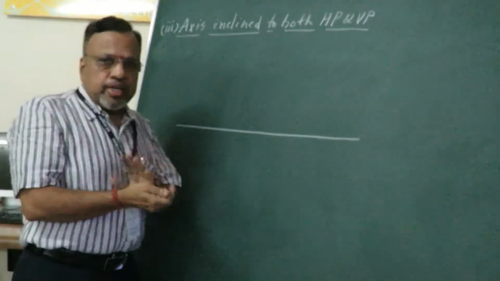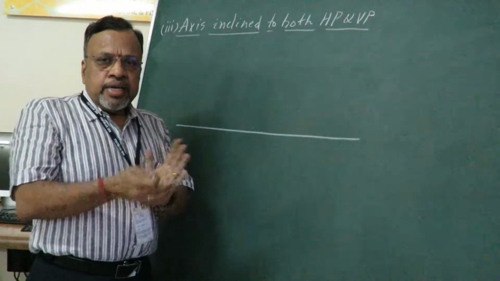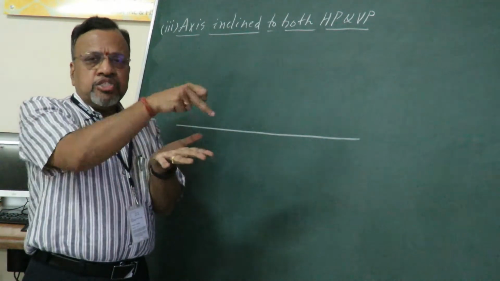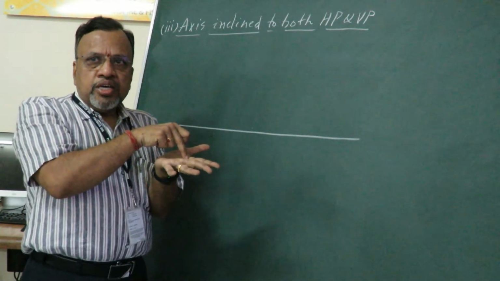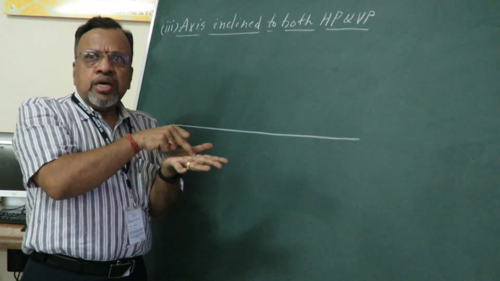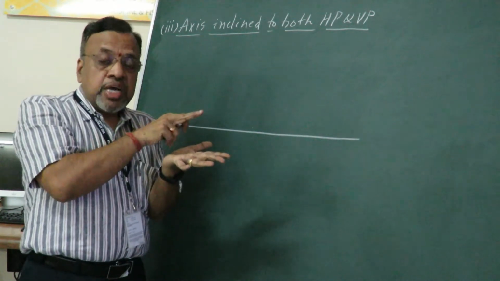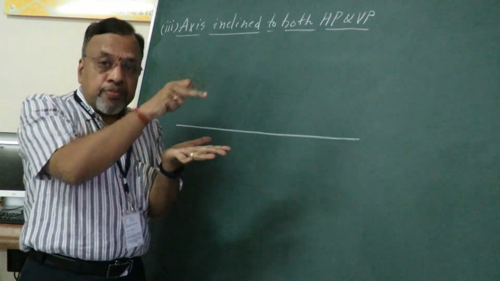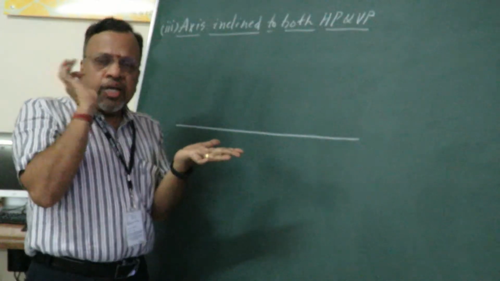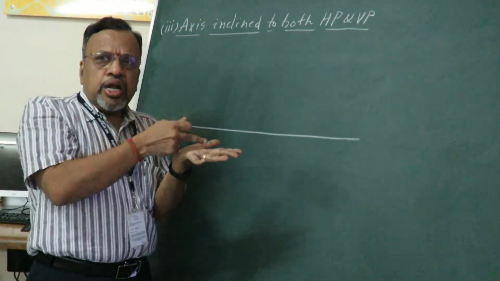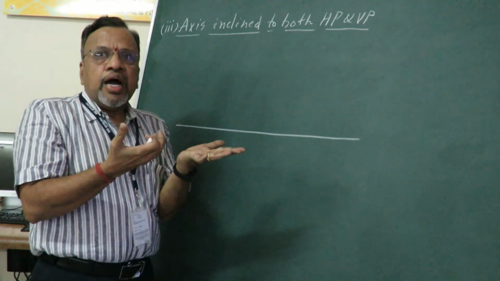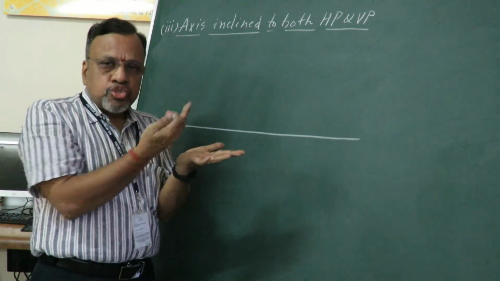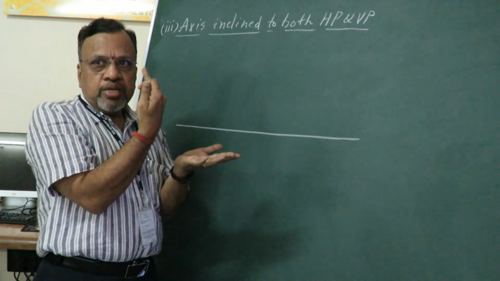In stage 1, I told you that the circumference point is resting on HP. Since the circumference point is resting on HP, first I need to satisfy the axis inclination with reference to HP. Now since the axis is inclined to HP, as usual I will consider that axis to be perpendicular to HP.